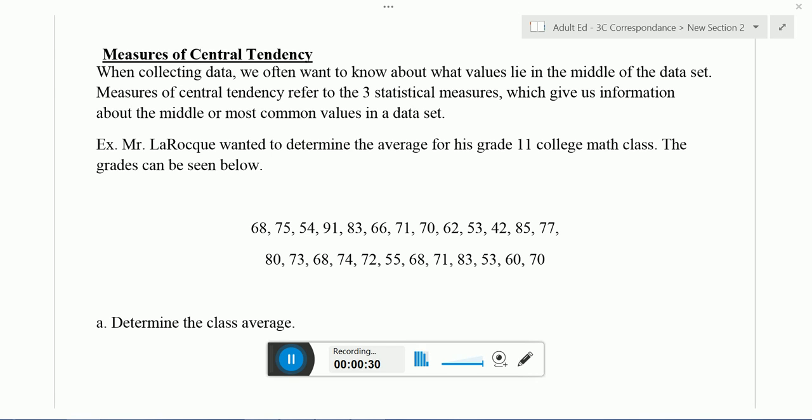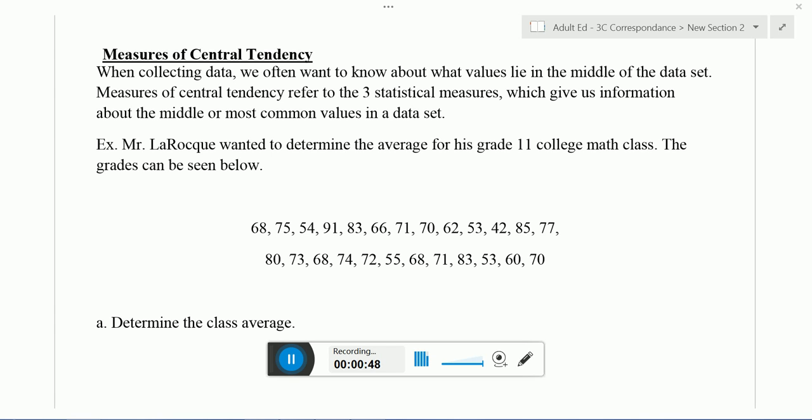There are two different types of numerical analysis that we're going to look at, or what we call quantitative data. So how do we measure these stats in a way that talks about the numbers?